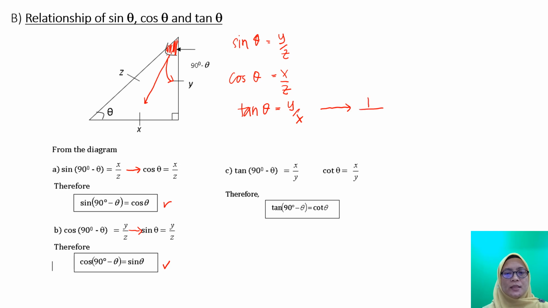So this is actually 1 over tangent theta. So 1 over y over x. So kita ada x over y. So 1 over tangent is cotangent theta equal to x over y. So then kita akan dapat third identities, tangent 90 minus theta equal to cotangent theta.